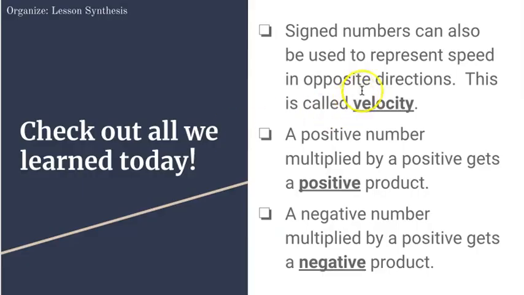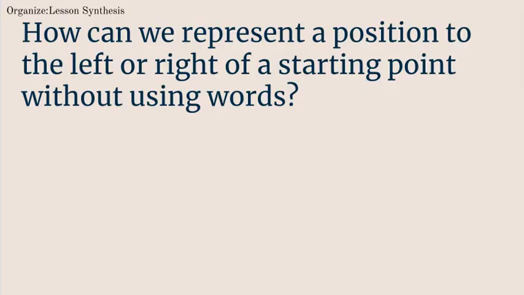All right, let's do a little rundown here. So signed numbers can also represent speed in opposite directions. This is velocity. Remember, velocity is speed and direction. A positive number multiplied by a positive number gets a positive product. A negative number times a positive number gets a negative product. So how can we represent a position to the left or right of a starting point without using words?